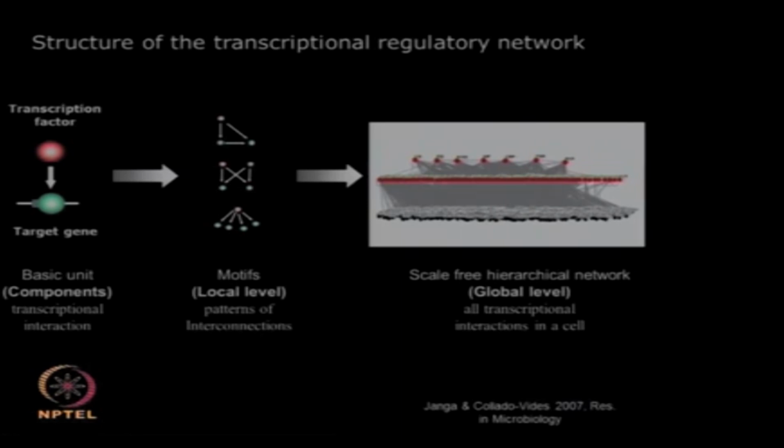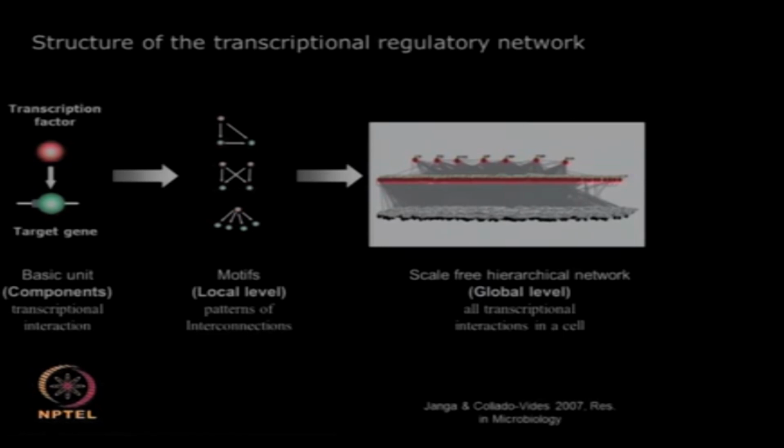As discussed in the previous slides, the basic unit of regulation is a transcription factor and a target gene whose expression is being controlled. Now, on a different scale, if you put together all the set of regulatory events between transcription factors and the target genes or operons, you construct a global transcription regulatory network. And as I mentioned earlier, this network is a scale-free network.